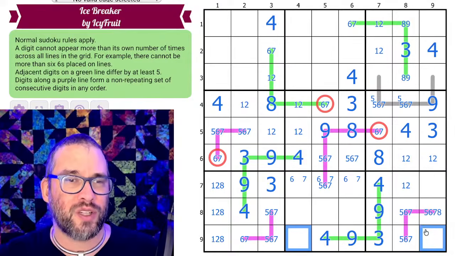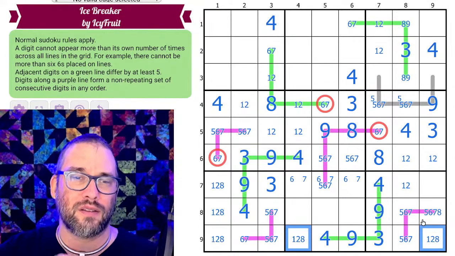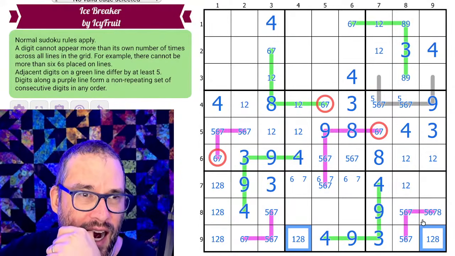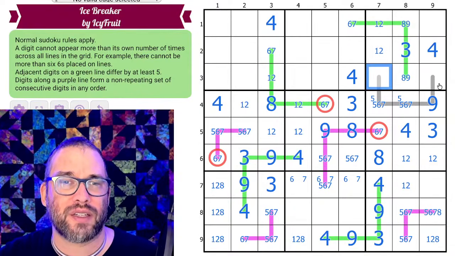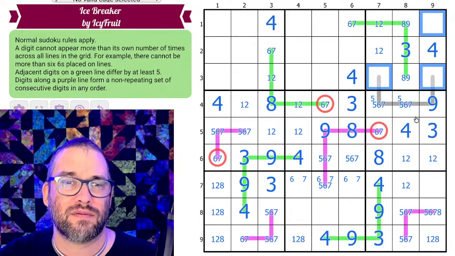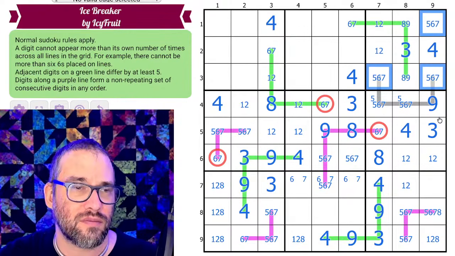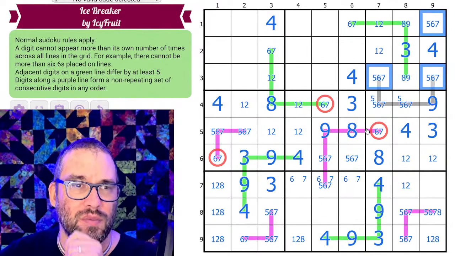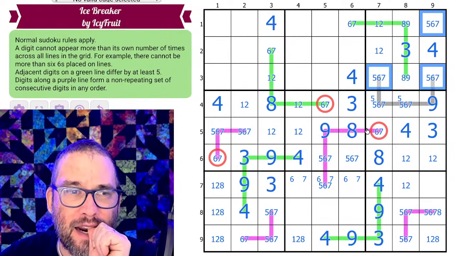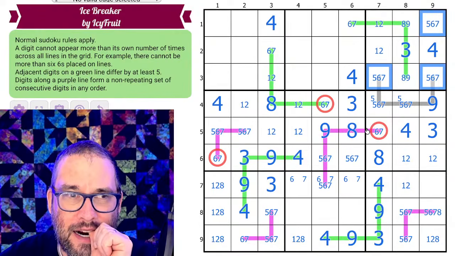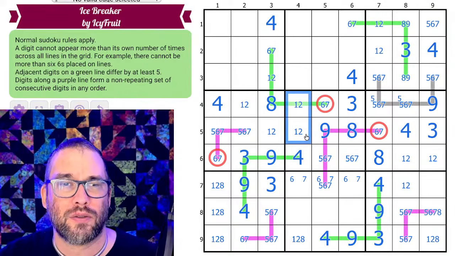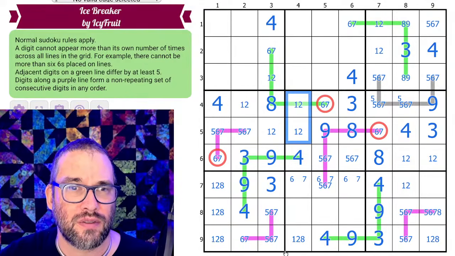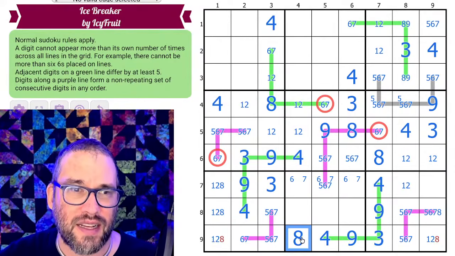But we do have a 1, 2, 8 triple in row 9. And 5, 6, 7 in box 3. Ah, 1, 2. So that's an 8.